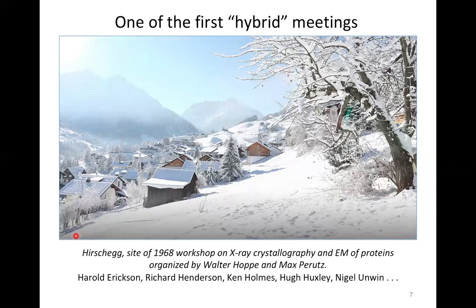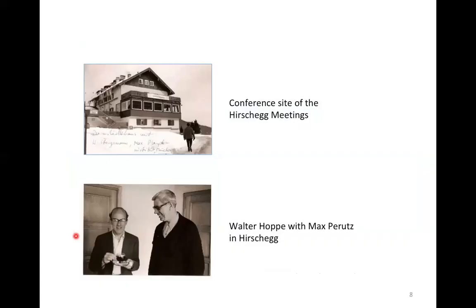I started my PhD thesis under Walter Hoppe in 1967, and this was one of the first events that brought me together with people who became leaders in their respective fields later on. Here are snapshots from the conference site of the Hirschegg meetings. And here we have Walter Hoppe with Max Perutz in Hirschegg.